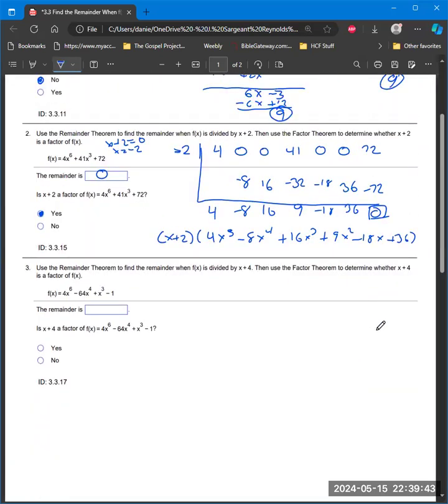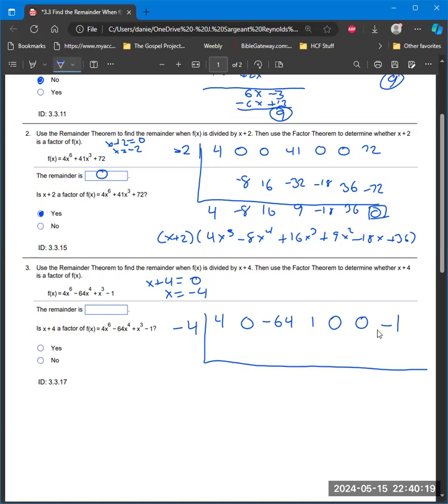Now, let's go ahead here. This one has a lot of missing terms. I'm going to use synthetic division again for this one, where the divisor is x plus 4. Going to set that equal to 0 and solve. I'm going to put a negative 4 out here, and I have 4, then 0x to the 5th, negative 64x to the 4th, 1x to the 3rd, 0x squared, 0x, and a negative 1.